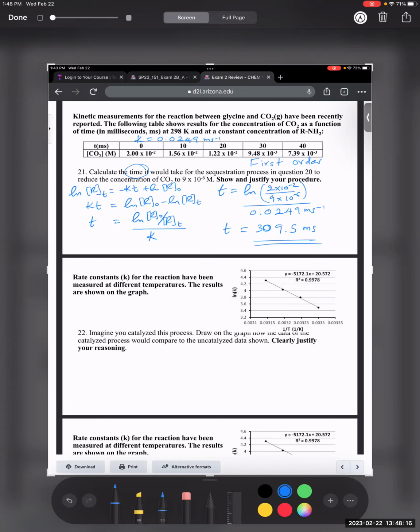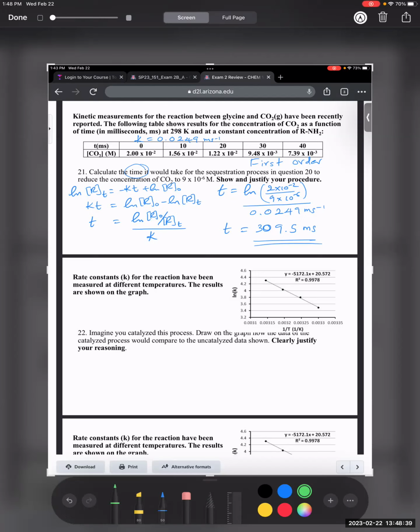Okay, so the idea is if you have a catalyzed reaction, it's going to be faster. So this is how I would think about it. We have 4 data points here. At 0.00315, the rate constant is around 4.3.